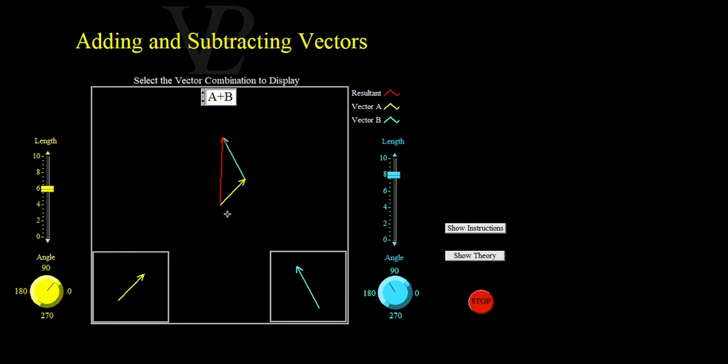If you said 1 centimeter to 1 meter, you measure this and you say this is 12 centimeters long, therefore it is 12 meters. And you're going to measure the angle between that line and the horizontal and say that's the direction of my resultant displacement in this case.